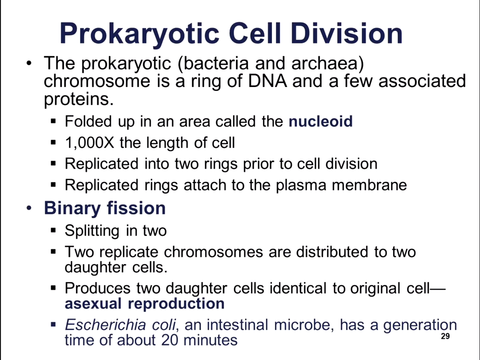There is something called binary fission, and this literally means the splitting in two. Two replicated chromosomes are distributed to two daughter cells, and this produces two daughter cells that are identical to the original cell, and this is called asexual reproduction. There is a different time frame for each species.